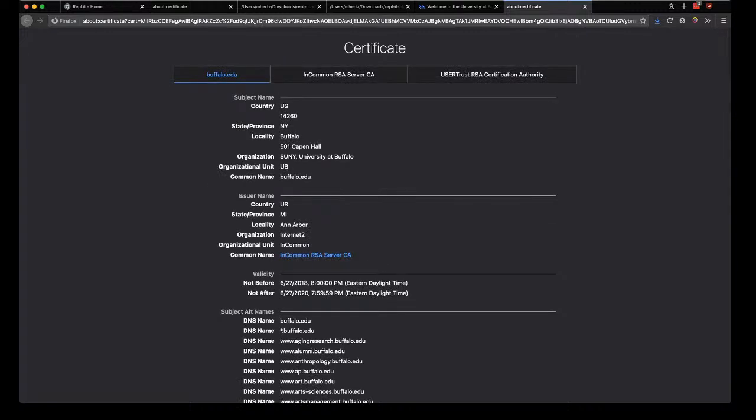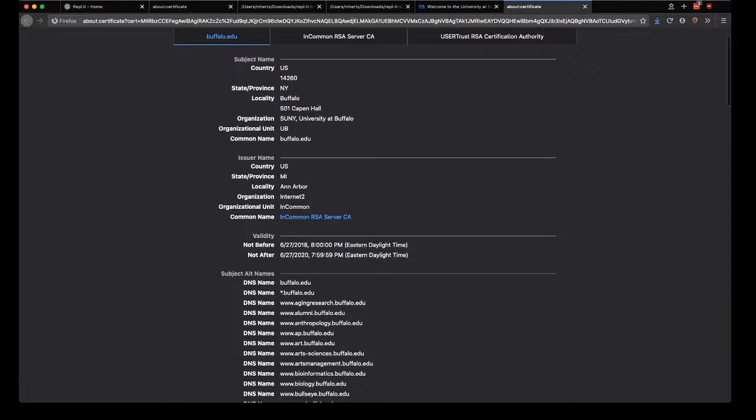So this is from UB's website. So you can see that this is for UB and that it's at 501 Capen Hall is a place to connect to. Now it uses a different organization for its certifying authority, its certificate authority.